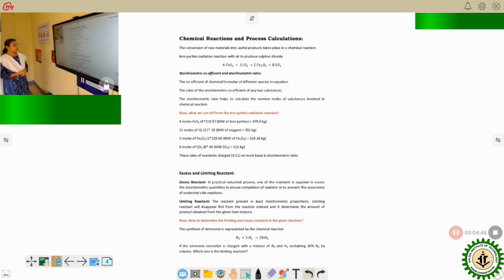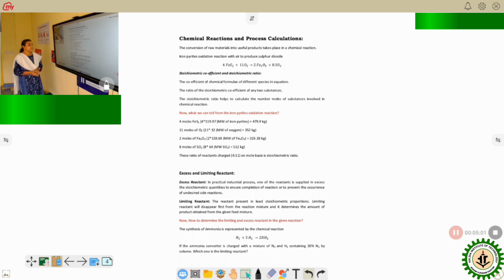So the excess reactant is not present in stoichiometric quantities. It is present in the reactant mixture in excess of the stoichiometric requirement.